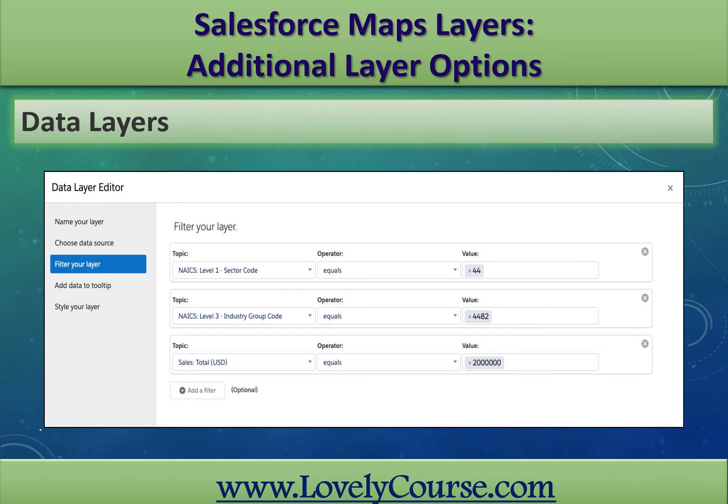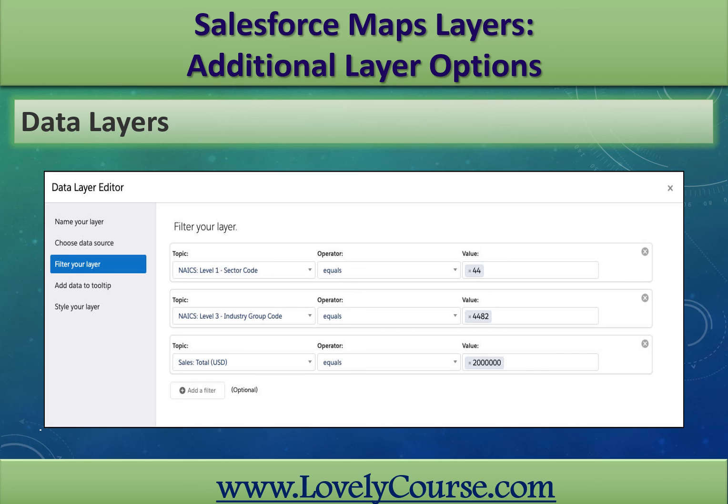So let's look at how Salesforce Maps can help the sales team at a retail store, Lovely Course, use business data to find stores that are not in Salesforce and add them as potential leads. Jose creates a data layer using the following criteria.